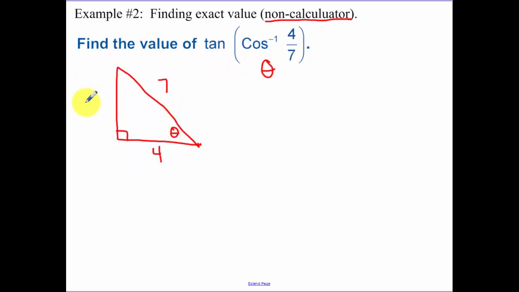So I have to use my Pythagorean theorem to find this third side. Okay. Now I find the tangent of that angle. The tangent of that angle is opposite over adjacent. Okay. And again, our book says that these are calculator. I want you guys to do these without a calculator.